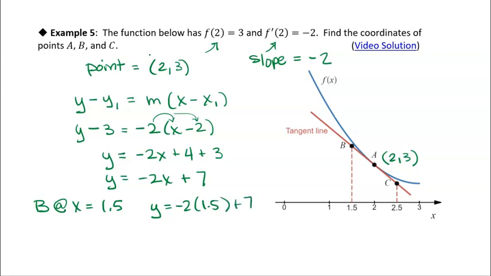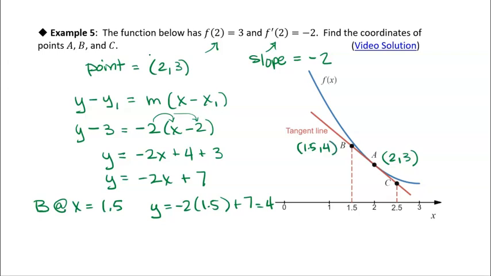Negative 2 times 1.5 is negative 3, plus 7 gives us 4. So point B is going to be 1.5, 4.